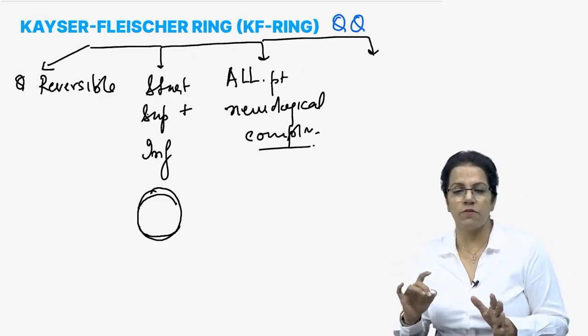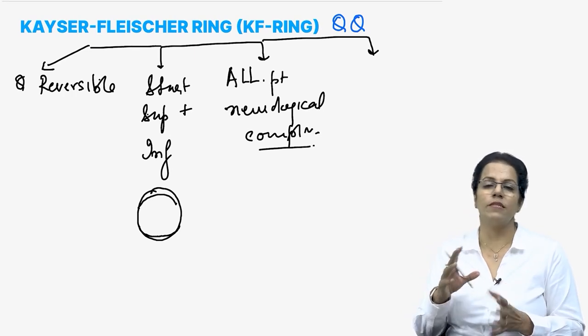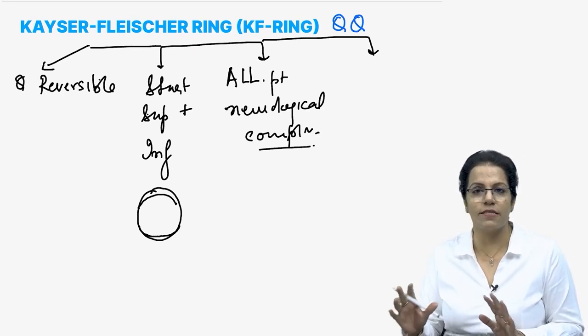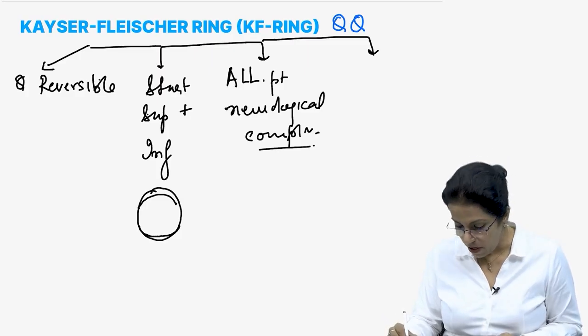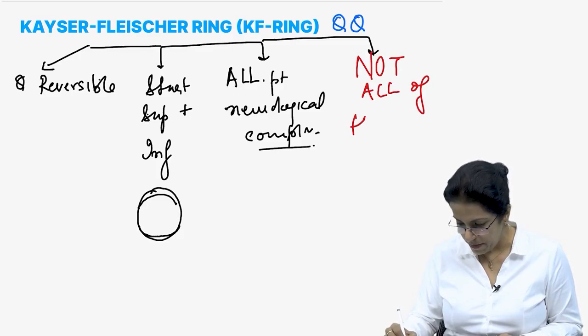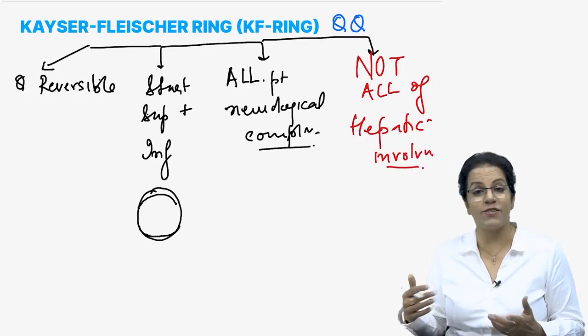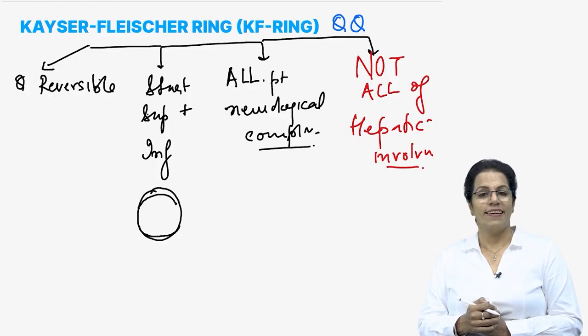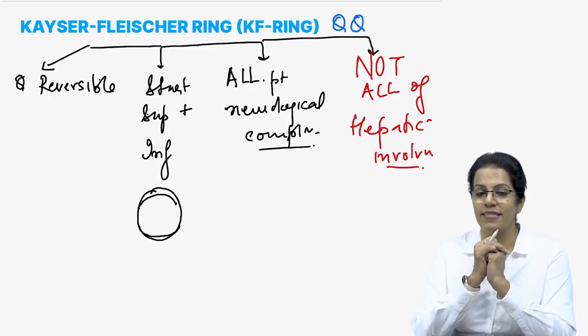Only around, you don't need to remember the percentage, it's not exact, but giving you an idea, 65 to 67%. So not all patients, this is very important, not all patients of hepatic involvement will present with KF ring. Okay, so this was your exam question. This was the answer of your question in the exam. And of course, I hope you know exactly the same spelling.